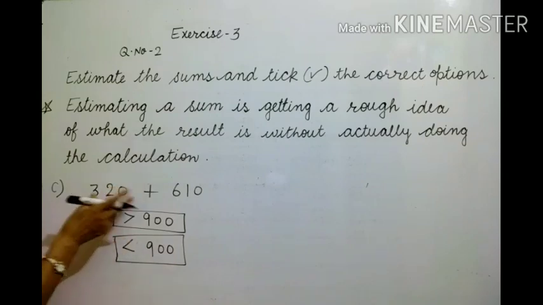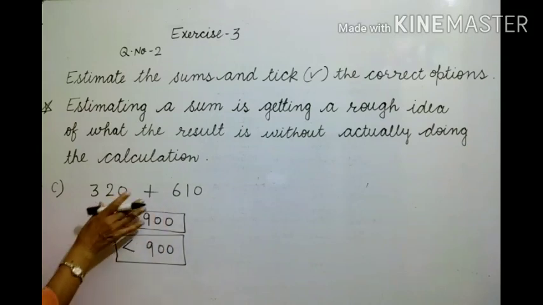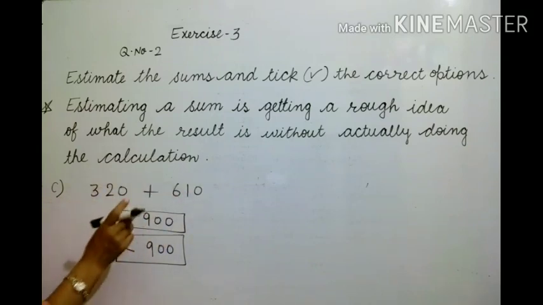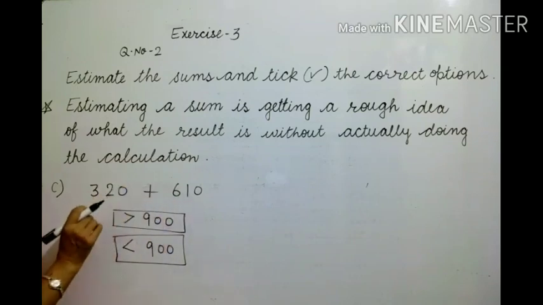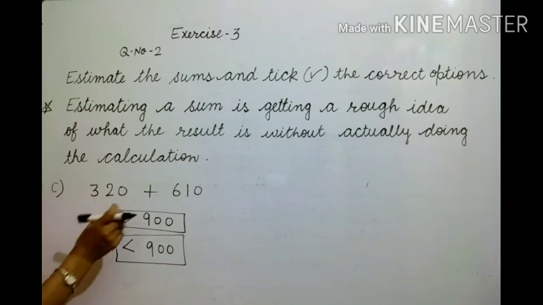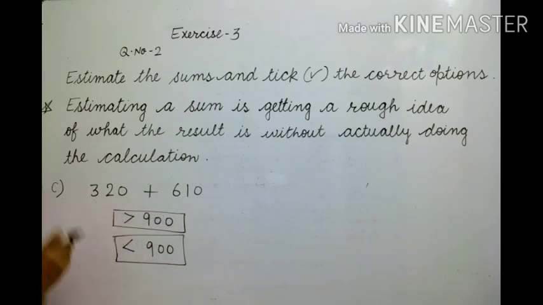We have to take a guess idea of the actual answer without doing calculation, that is, what the sum will be. If we add these two numbers, then we will get the sum. We will check whether our sum will be greater than 900 or less than 900. Then how will we solve?